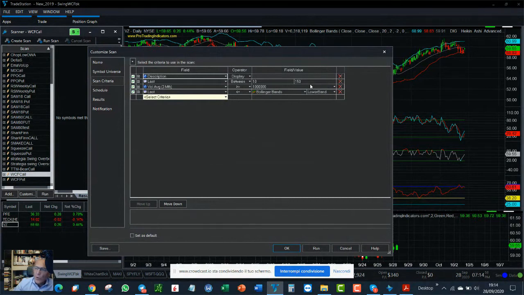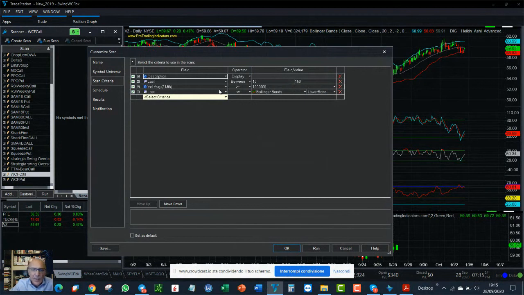I don't want to go above $150 because the cost of the option is going to be expensive, and I don't want to invest a lot of money in one position. Then I want the average volume of the stocks to be more than 1 million.